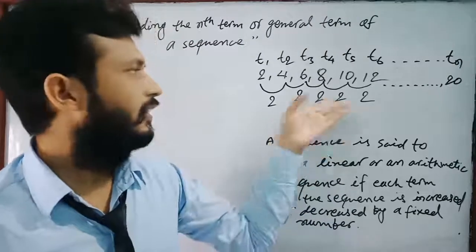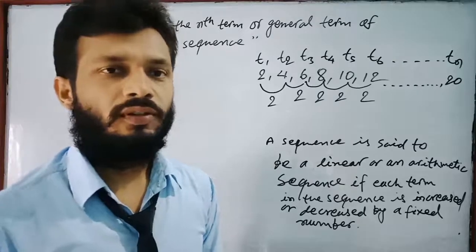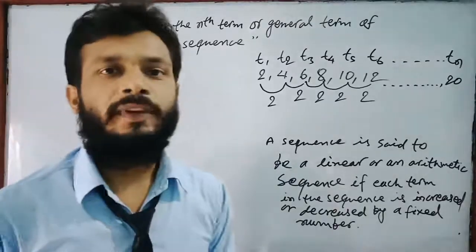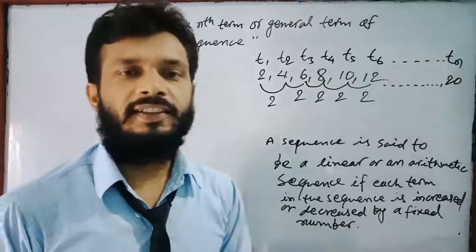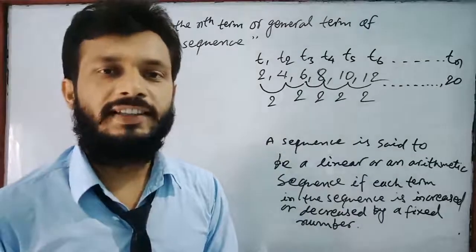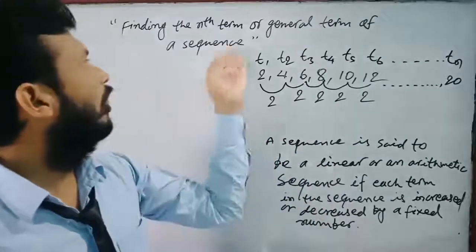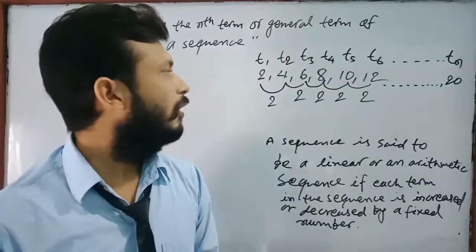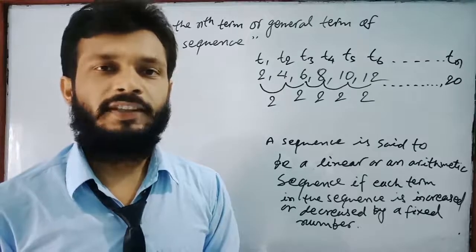So that is a linear sequence. Now, let's go to find the nth term or general term. The nth term or general term of the sequence is a rule of the sequence.